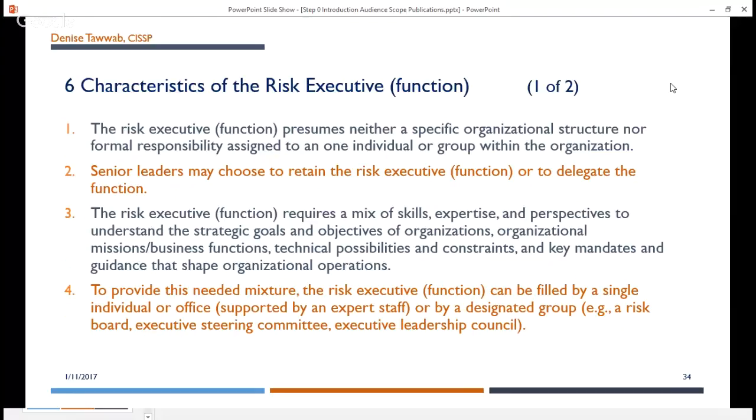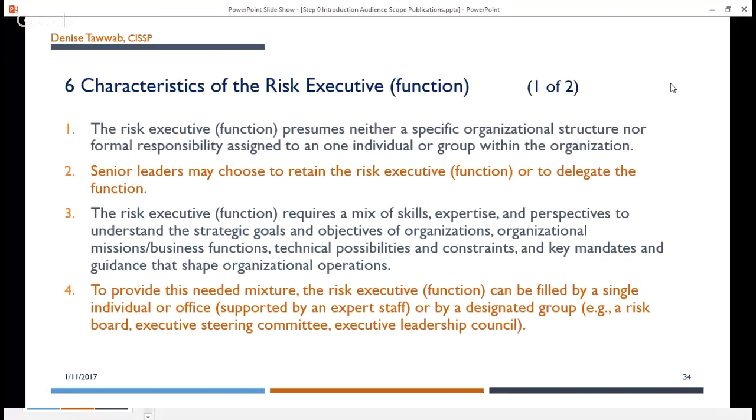The risk executive function does require a mix of skills, expertise, and perspectives to understand the strategic goals and objectives of the organization, and to guide that so that it shapes organizational operations. And so you do have to have a mixed skill set in your risk executive function.